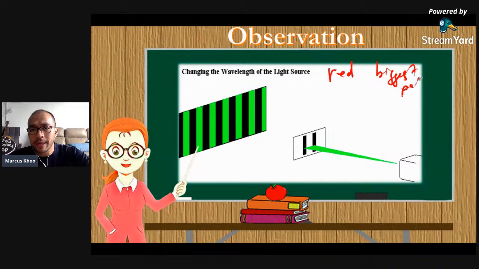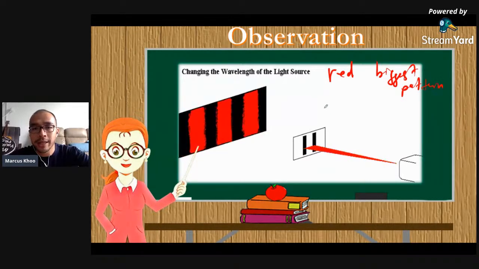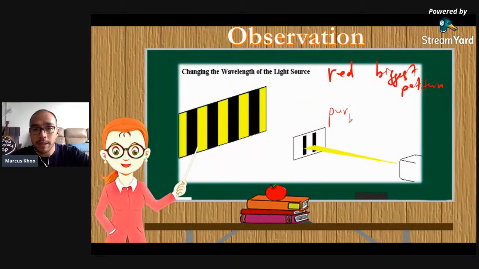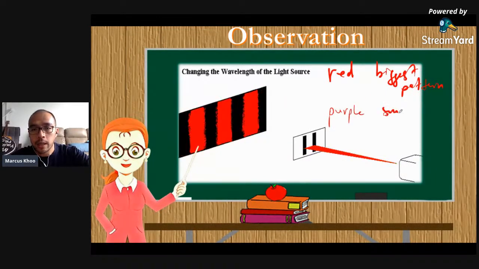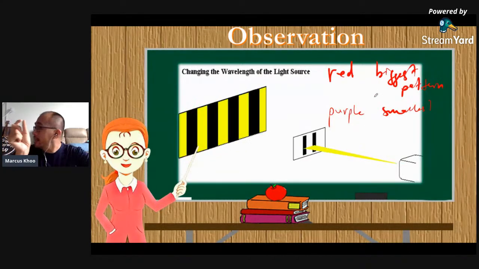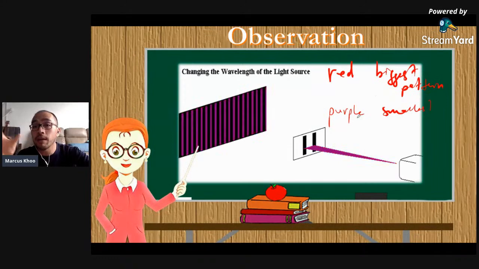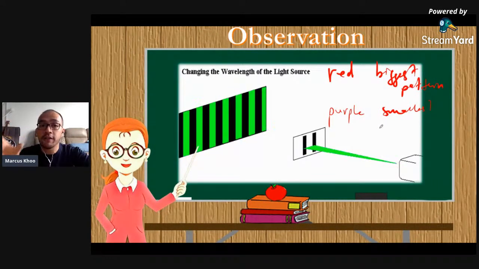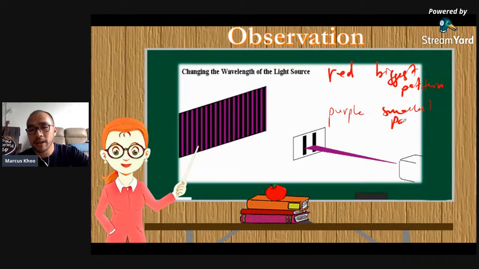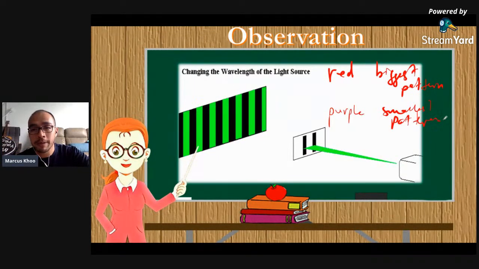I'll explain the actual meaning later. What about the smallest pattern? The smallest pattern is purple. Look at the pattern, very tiny, very thin, but red is very fat. The constructive and destructive patterns are very fat. So I'm just going to use biggest pattern and smallest pattern.